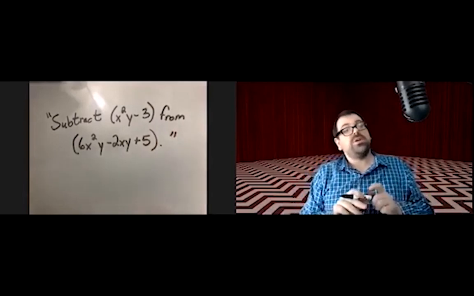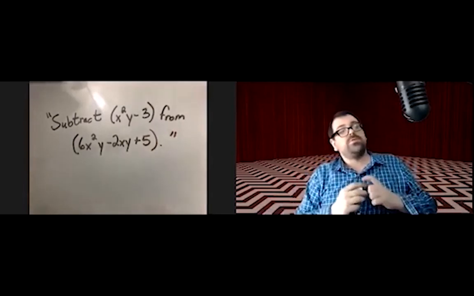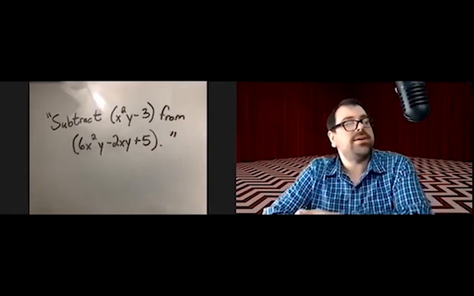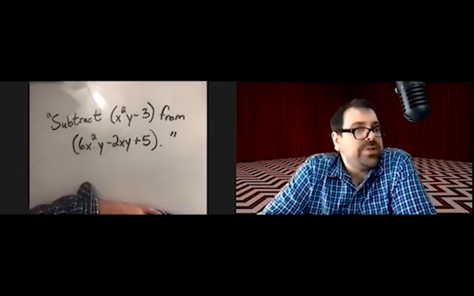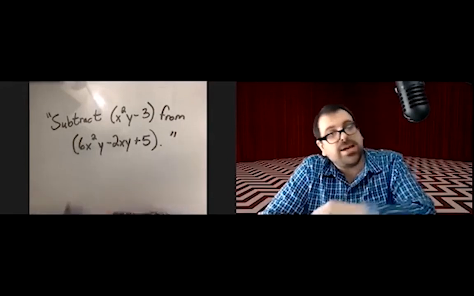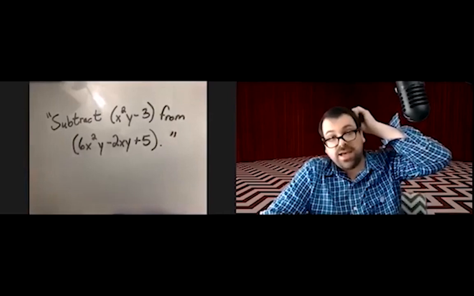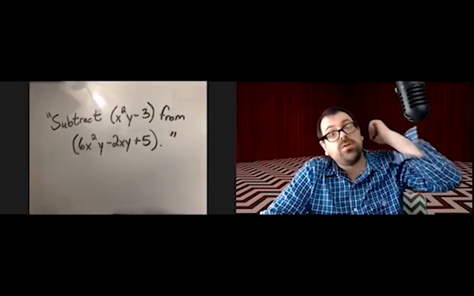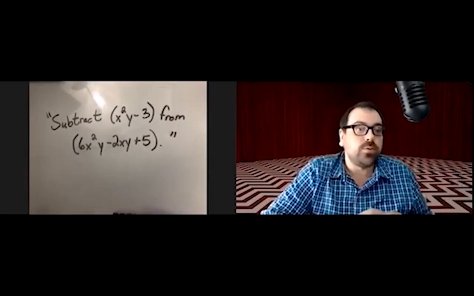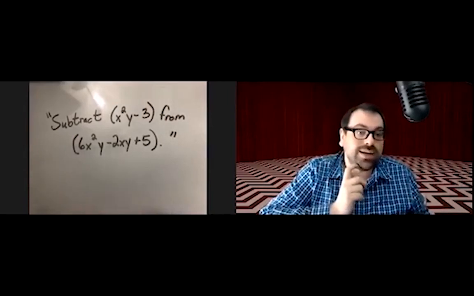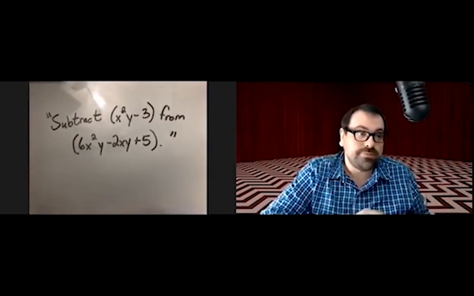I'm going to deliver the next one in words. Subtract the polynomial x squared y minus 3 from the polynomial 6x squared y minus 2xy plus 5. Here, the wording tells us the order, and the order is important.